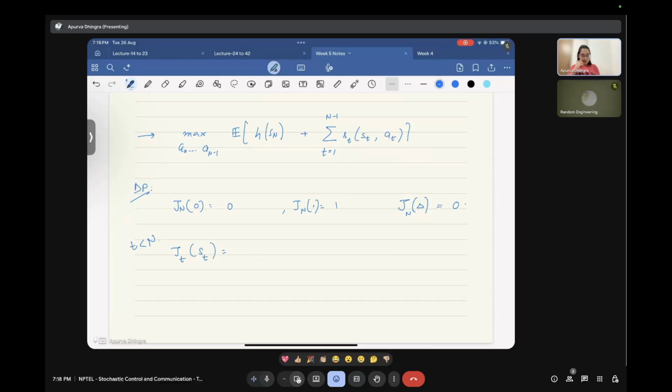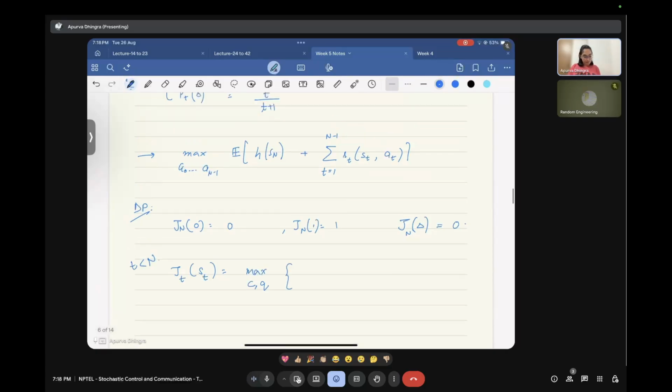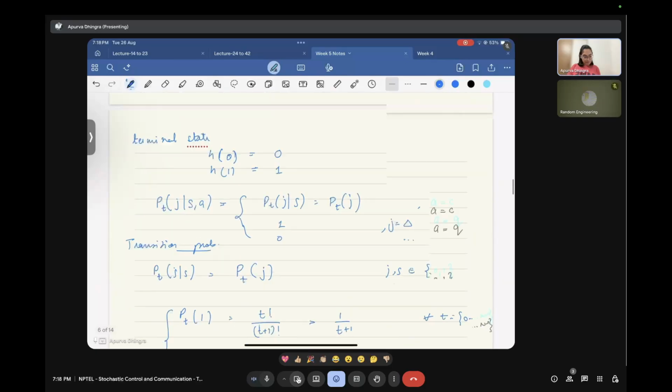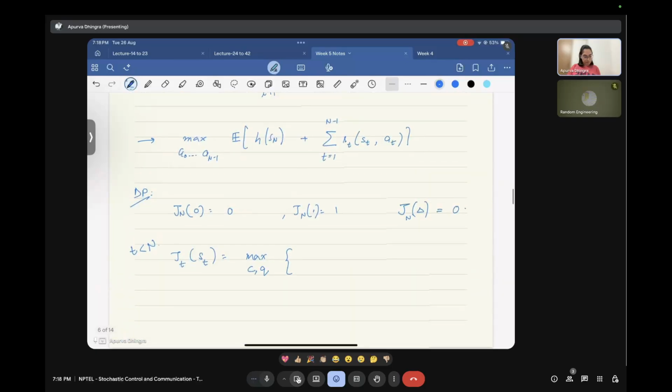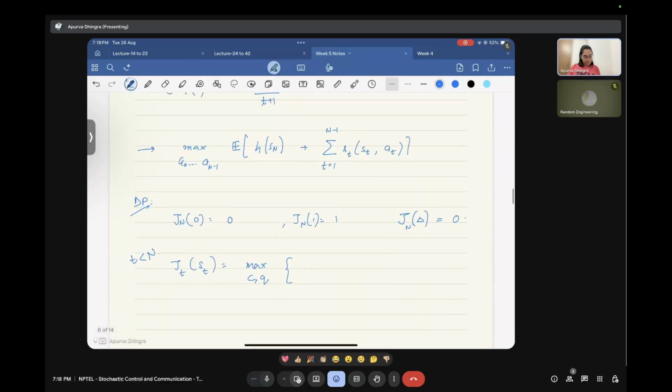So here we are interested in maximizing. So this becomes a problem of maximizing, and there are two actions, whether to continue or to quit or make an offer. And what are we maximizing over? So the maximization is over the cost, this ct of st, whatever that was.